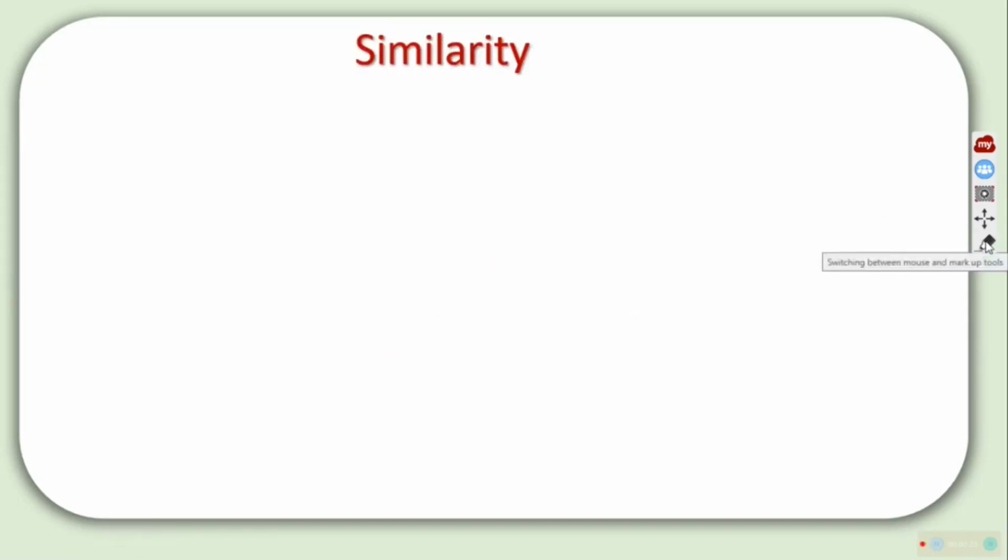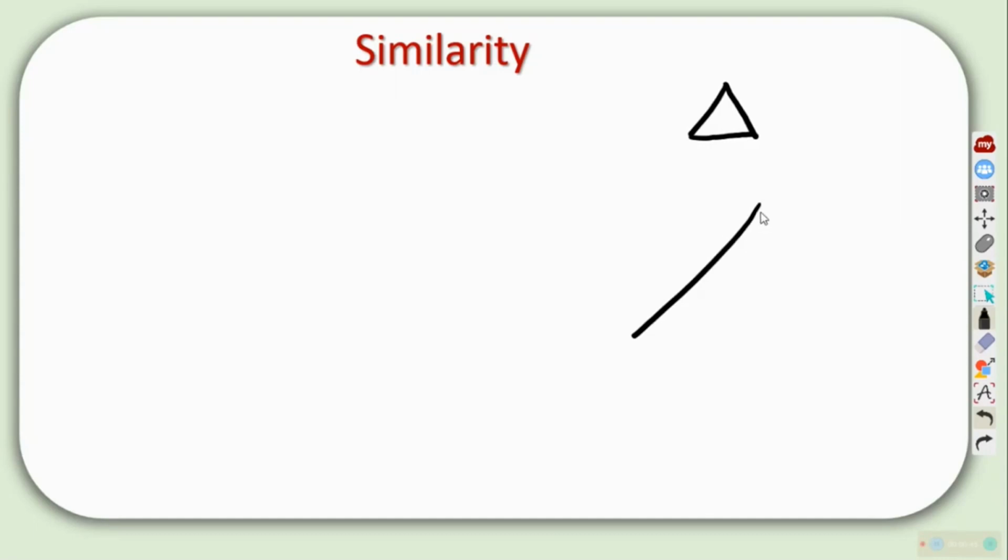If I think in terms of geometry under which this topic is coming, if I simply draw a triangle here and another triangle here, you would say that these two triangles look similar. Similar in the sense that not by measure, by its shape.